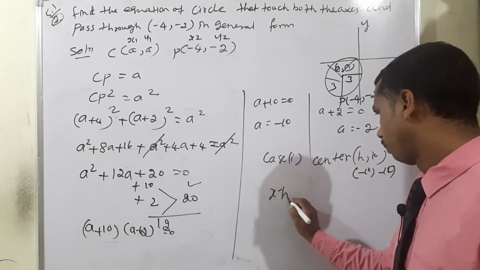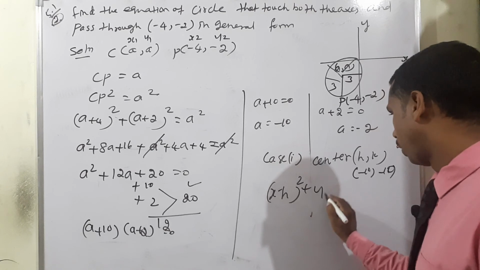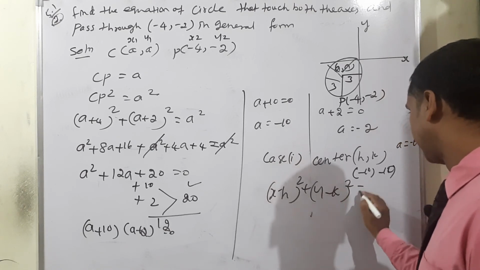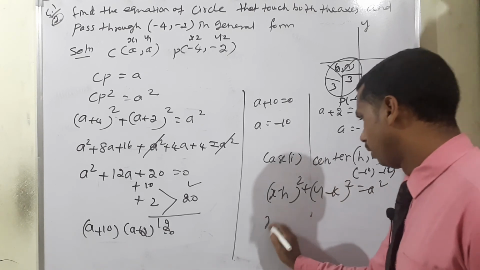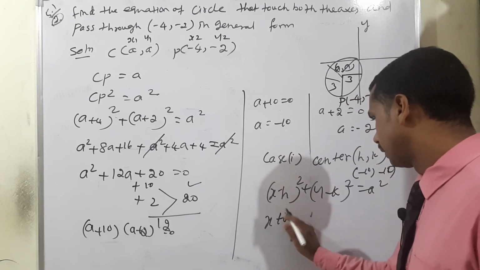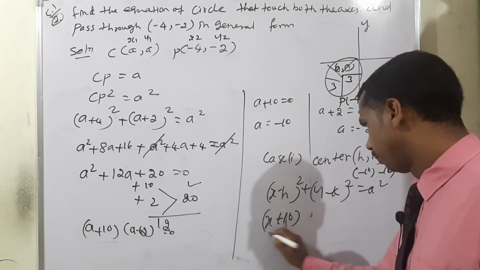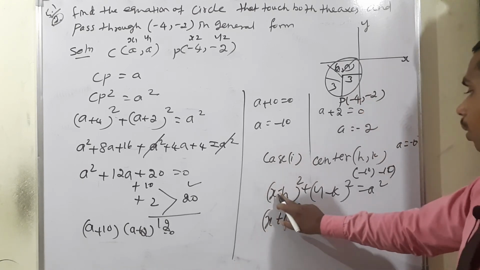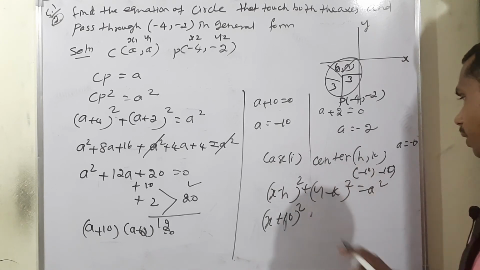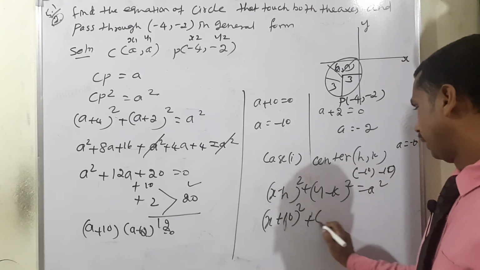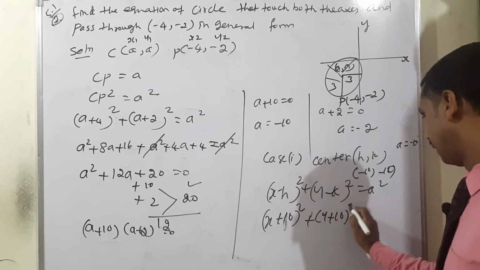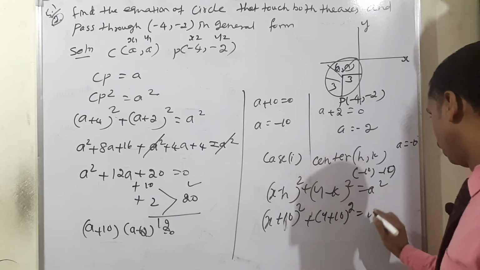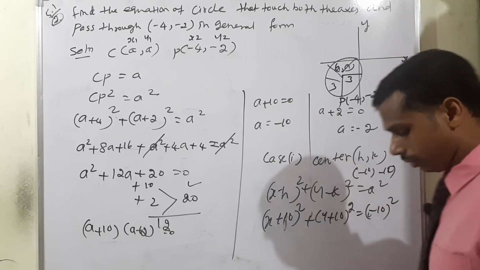Therefore the formula: x minus h the whole square plus y minus k the whole square is equal to a square. Therefore (x plus 10) the whole square, because the formula has minus and the given answer is minus, so minus into minus is plus, and likewise (y plus 10) the whole square is equal to (-10) the whole square.